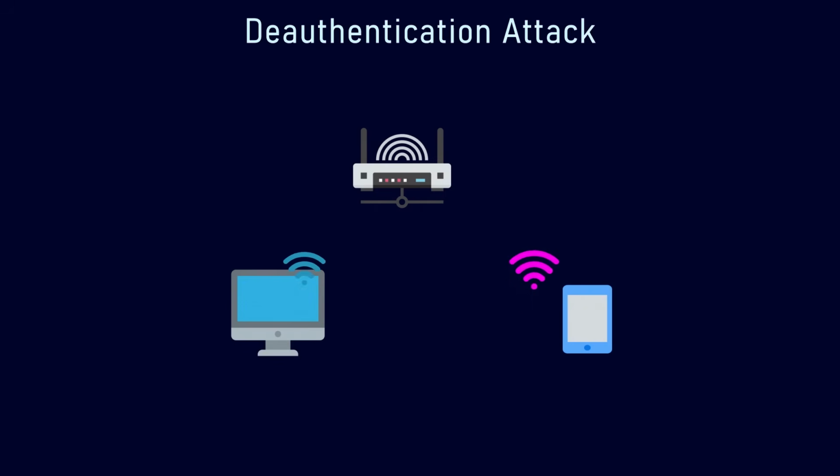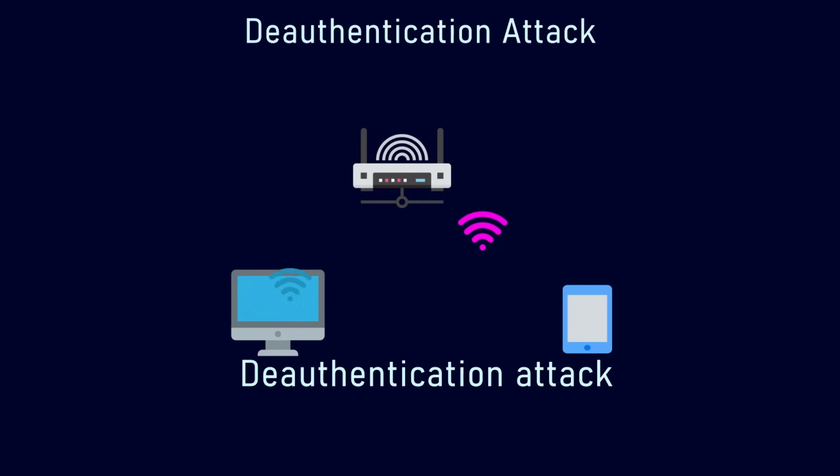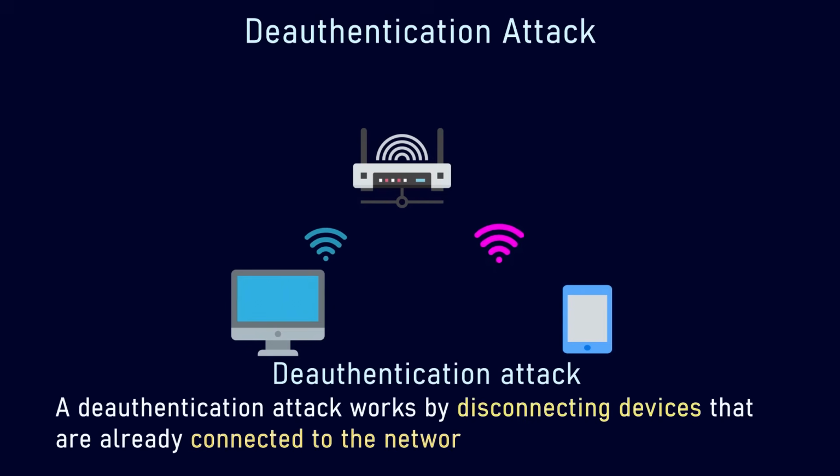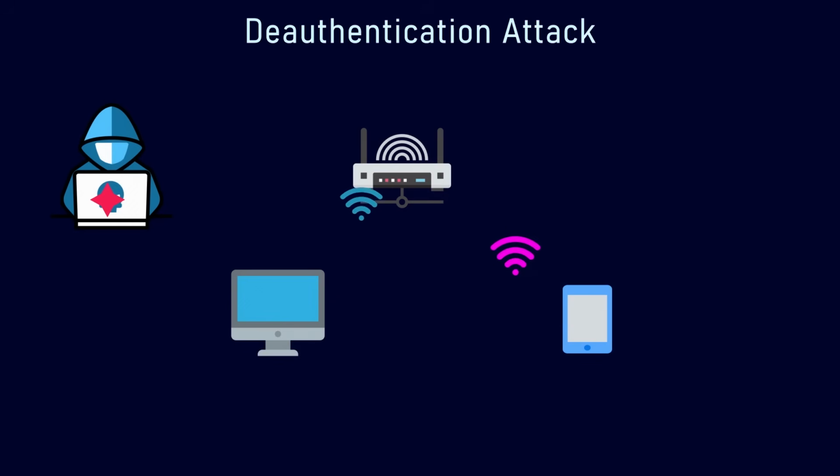Now, to address this problem, we have something called a de-authentication attack. A de-authentication attack works by disconnecting devices that are already connected to the network. In simpler terms, the de-authentication attack kicks off or disconnects devices from the network by sending de-authentication frames to all devices on the network.